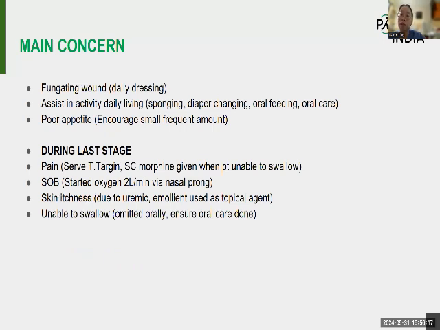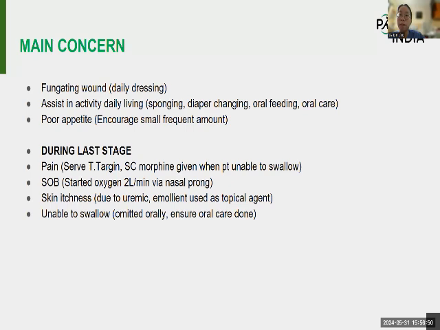The main concern of the patient is the fungating wound, which needs daily dressing, and she needs assistance in activities of daily living like sponging, changing diapers, oral feeding and oral care. As the patient had poor appetite, we encouraged small frequent amounts of diet. During the last stage, the patient had pain, so we gave Targin, and subcut morphine when the patient was unable to swallow.